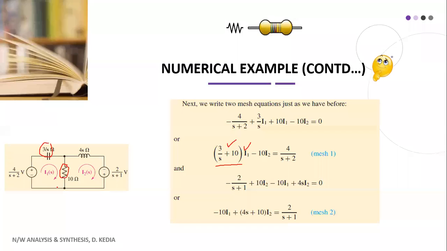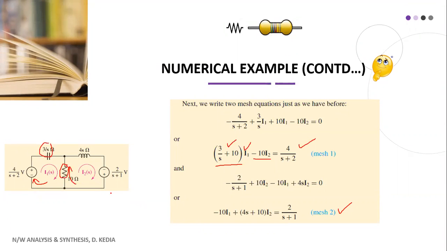Now I2 is going through this 10 ohm in reverse direction, so this is minus 10 I2. If you proceed further, it will give us minus of 4 by S plus 2, and if you shift it to the right hand side, this will become plus of 4 by S plus 2. So this is the equation for mesh 1.